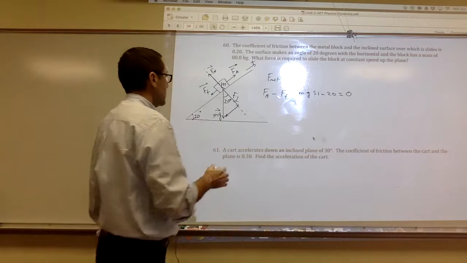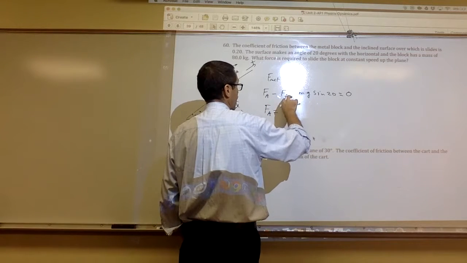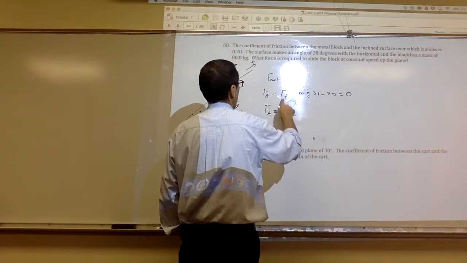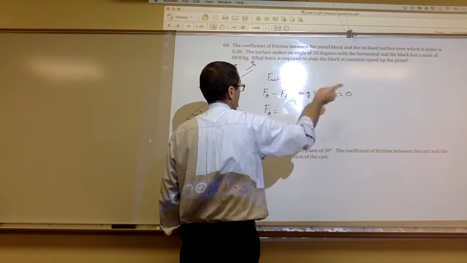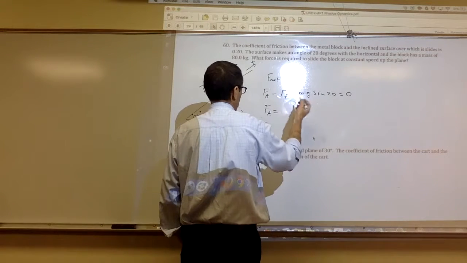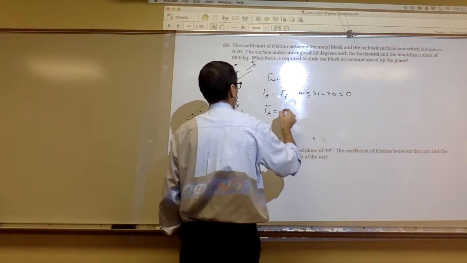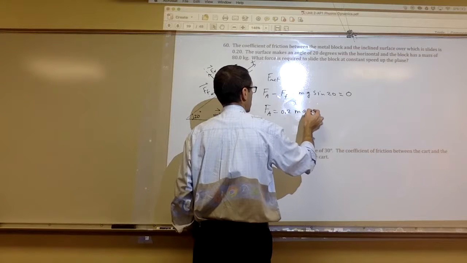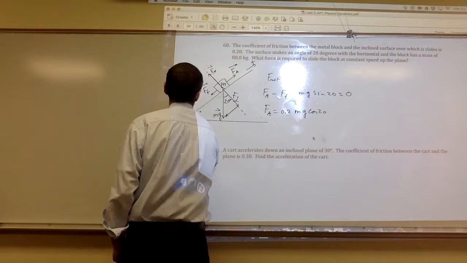Okay, so we're trying to find this Fa basically. So Fa equals, I'm going to do multiple algebra steps at once. So Ff and the mg sine theta are going to be added to both sides basically. So it's mu Fn, which is mg cosine of 20. So it looks like I have no choice but to use the mass this time.